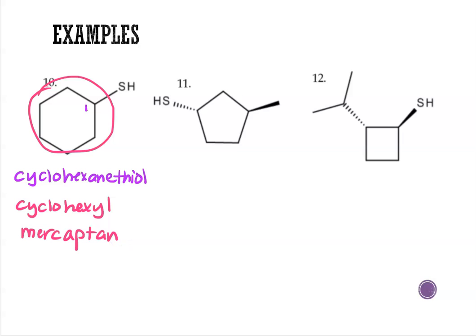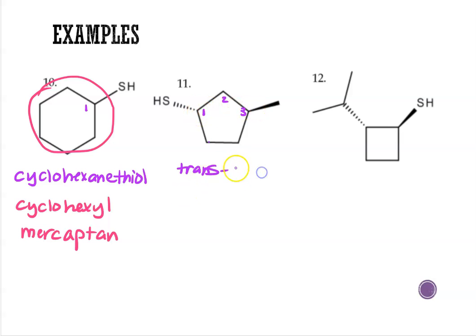All right, and then here we have cyclopentane, and we've got the arrows here, so we'll start naming with the thiol. We go 1, 2, 3, or we can go 1, 2, 3, 4, so this is good. So this is going into the board, this is going out of the board, they're opposites, so this is going to be trans. So this will be trans 2, what is this, methyl?